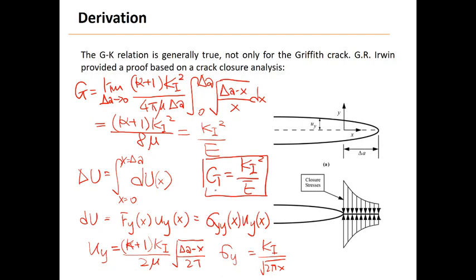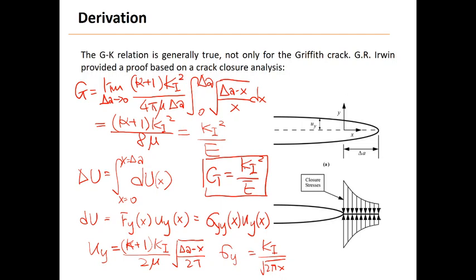So for example, we can do the double cantilever beam, for which we already found G, right? And instead of finding out what Ki is, the stress field around the crack tip of the double cantilever beam, you don't have to, because that is quite difficult.